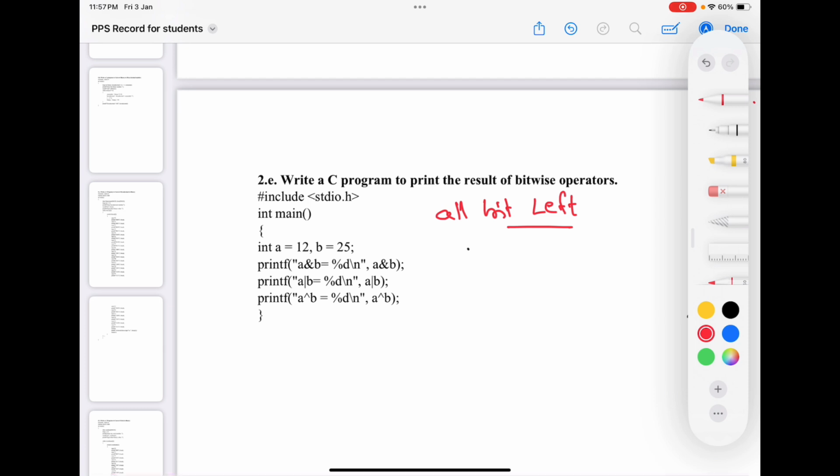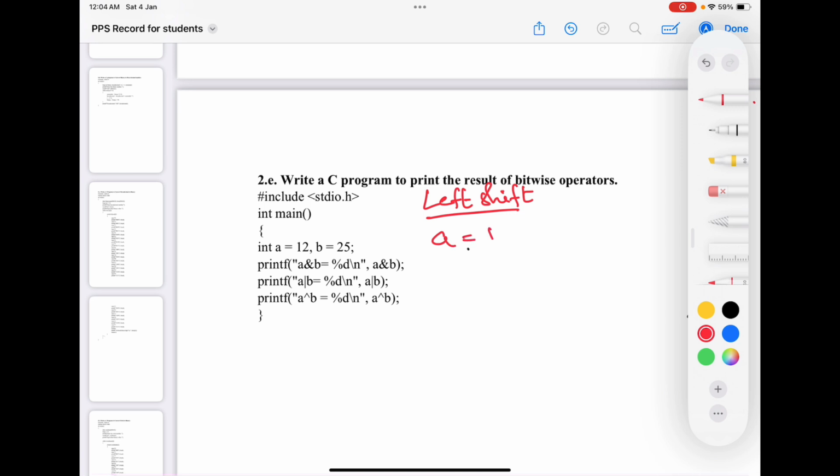The bit positions that have been vacated by the left shift operator are filled with 0. The symbol of the left shift operator is this. Now let's understand how it works.